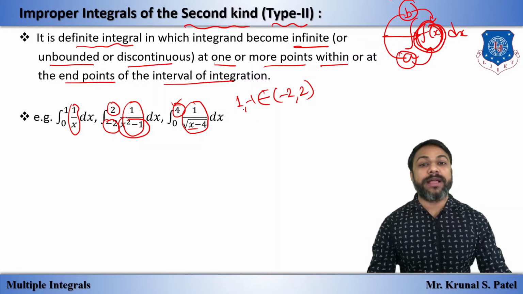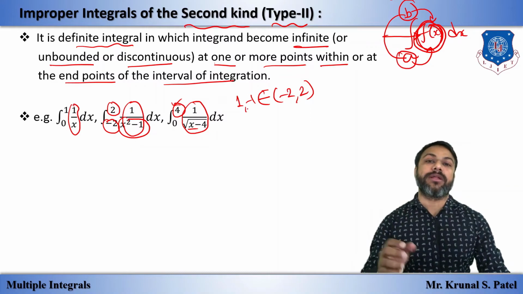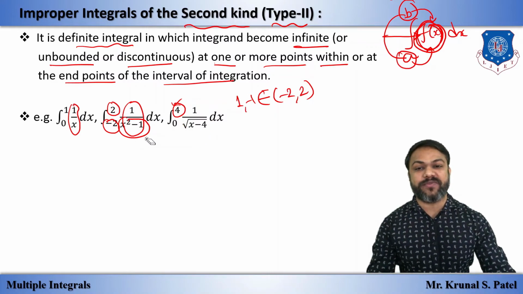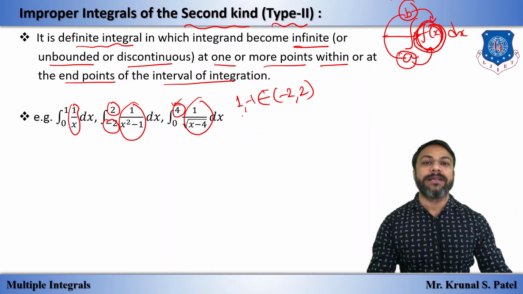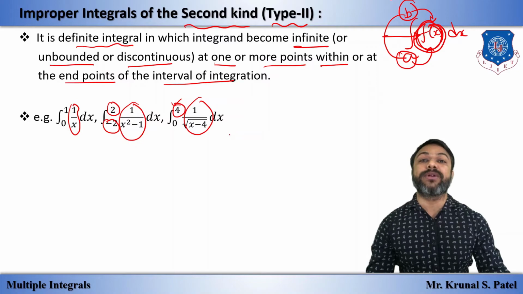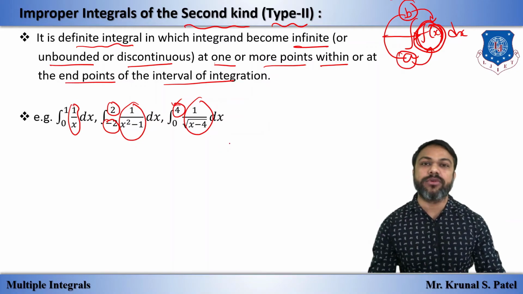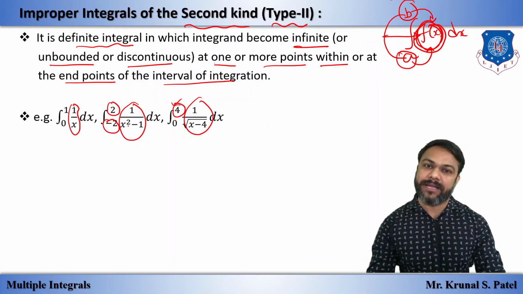Okay, so as I told, at the end point or within the interval, if the integrand, that means this function, becomes infinite, or we can say unbounded or discontinuous, then it is of second kind. How can we evaluate this kind of integration? Same as previous. We have to take the limit at the point where this function is infinite.